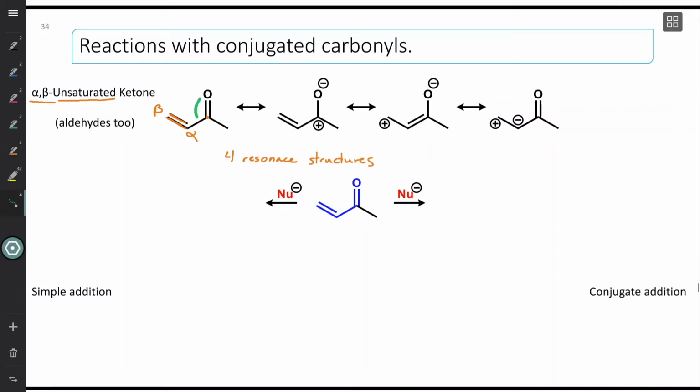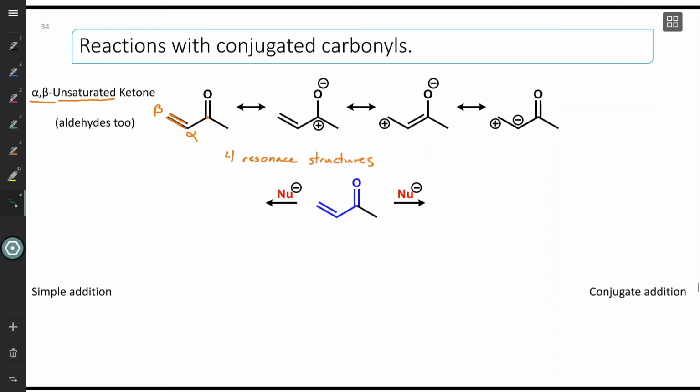Right, so you can split this double bond and put a minus and a plus here. So this would be how your typical carbonyl would act as an electrophile, with this carbon being electron deficient. But because this is in resonance now with this double bond, this double bond can come here and that charge moves to the end.